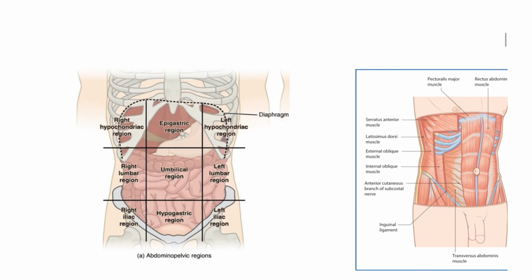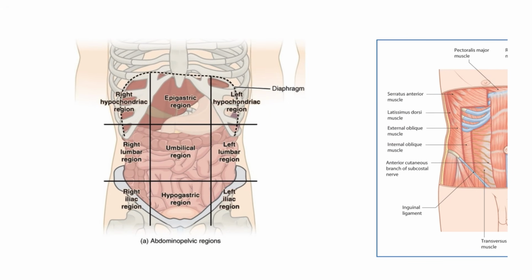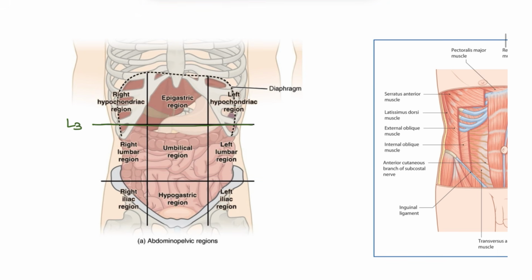Next, moving on to another topic, that is the abdomen. In the abdomen we are going to find all the important landmarks, in a very short time. Here you can see this is the line that separates the epigastric and the umbilical regions. And what is the vertebral level? This is L3. And just below the umbilicus and above the crest, here you can see this line is L5. This line is L5. And what is the importance of these lines?